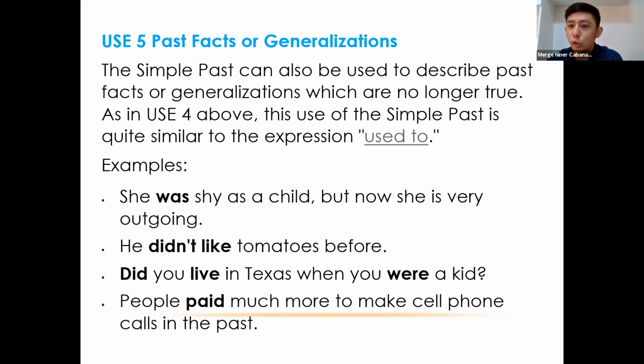Mga bagay na totoo noon. Okay? Teka lang. Magtanong tayo. Jojo! Jojo, are you there? Jojo, you can unmute yourself. Jojo's not answering. Almira. Almira, are you there? Hello, sir. Good morning.